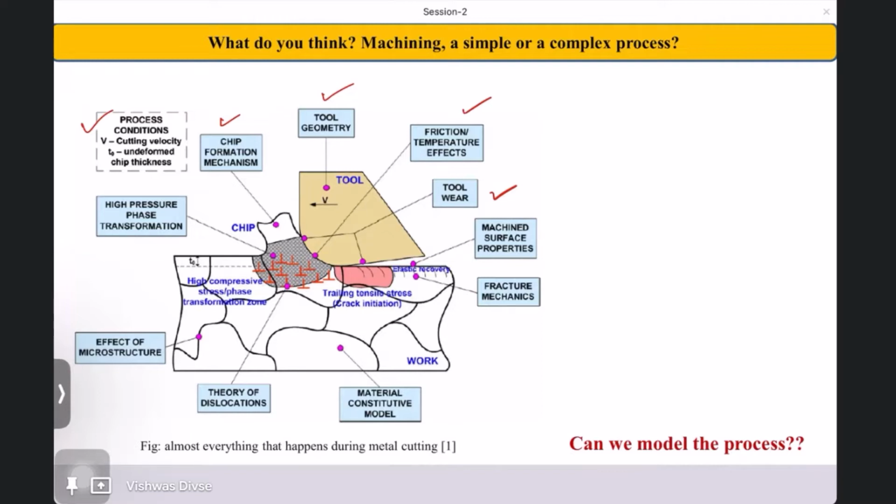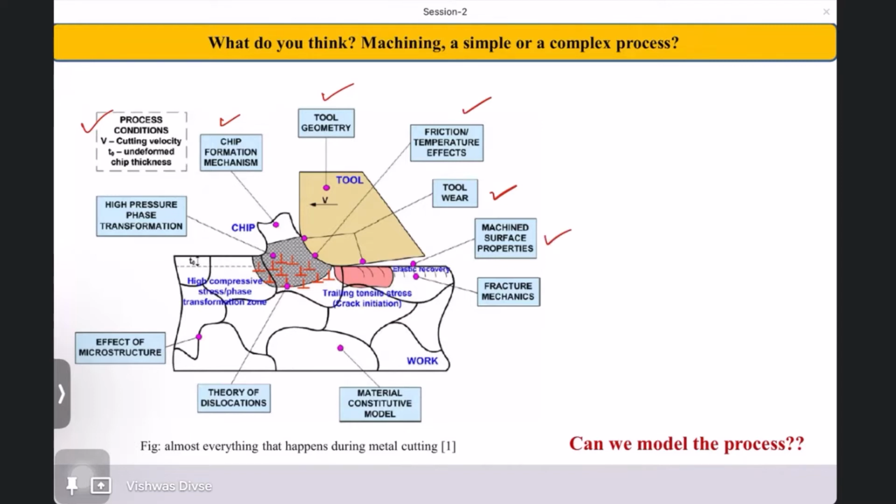And due to friction, how temperature is increasing, what kind of law I am using, conversion of frictional energy to heat energy. Then tool wear, what kind of tool wear I am going to consider, only at the rake face or flank face, flank wear and crater wear, whether I am going to model it or simply use the cutting tool as a rigid body, that is up to the user.